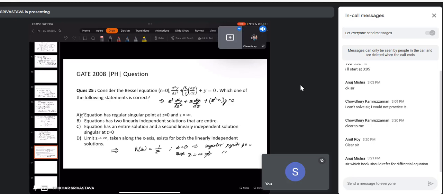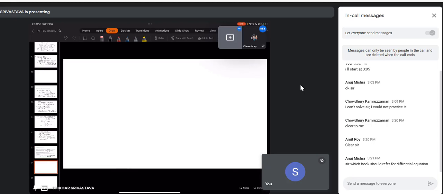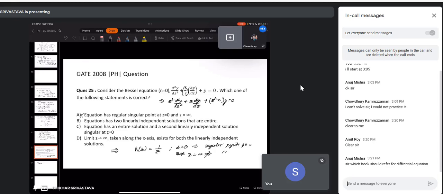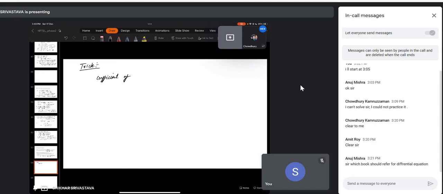In order to solve this kind of question, I will give a trick. Otherwise, it will become a little lengthy if you solve using conventional methods. What you do is you take the ratio: the coefficient of dy by dz, the second term, divided by the coefficient of d2y by dz square.